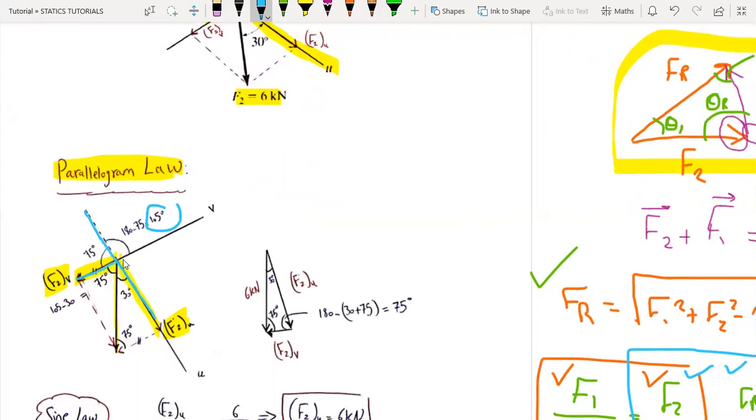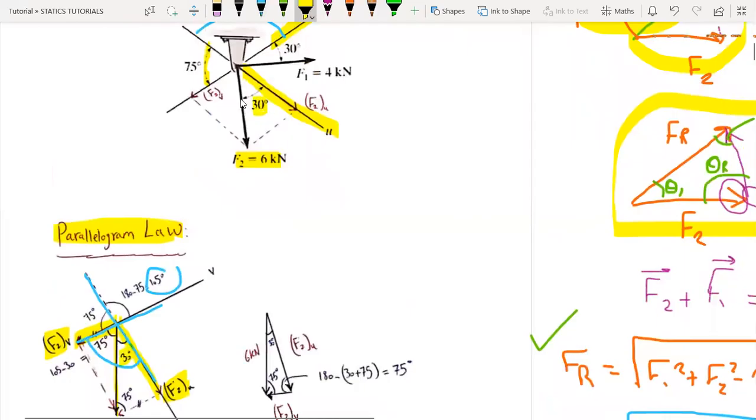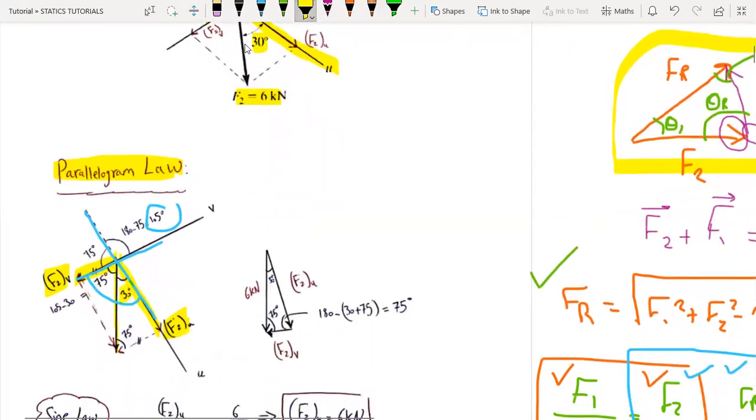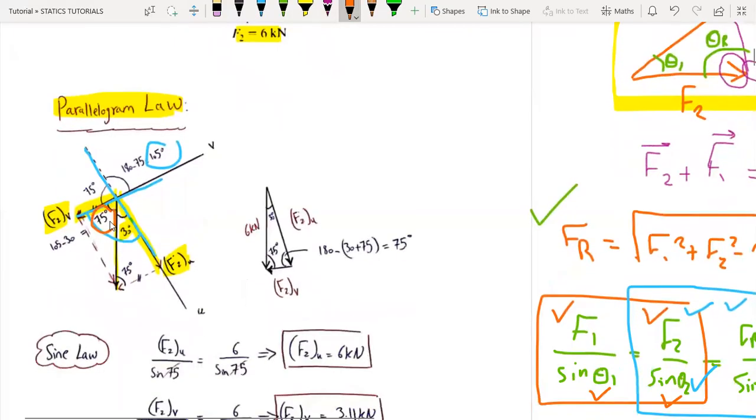So this total angle also will be 105 degrees, okay? But since we are given this angle to be 30 degrees from the problem, so this angle will be what? Will be 105 minus 30, which is 75 degrees, okay?